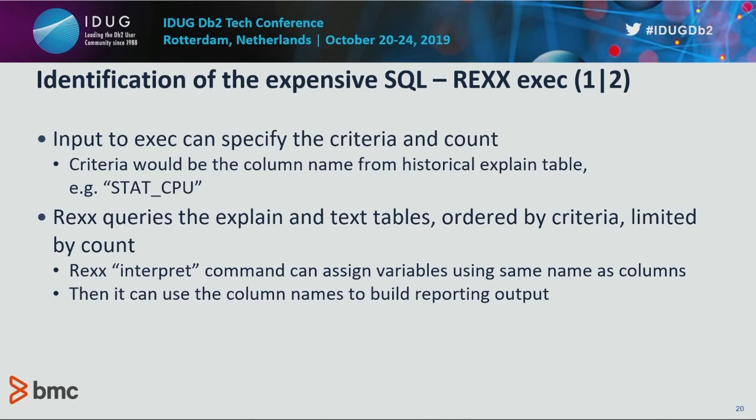So I don't know how many work with Rex a lot in here, but I did find it was really useful to use the interpret capability in Rex. That's kind of a dynamic ability to build a string and then execute that string in the Rex. That was useful because, again, I could go to that SQL descriptor and just step through the columns, and then I could just pull the column name out from that descriptor and the value, and then just build a string that says column name equals value.